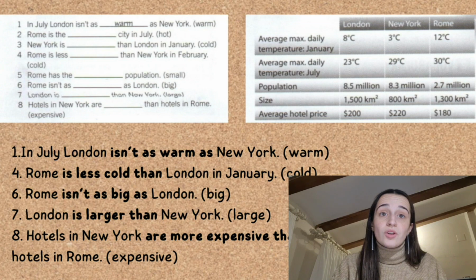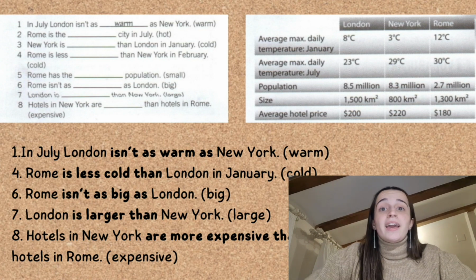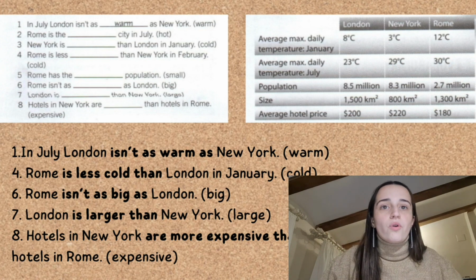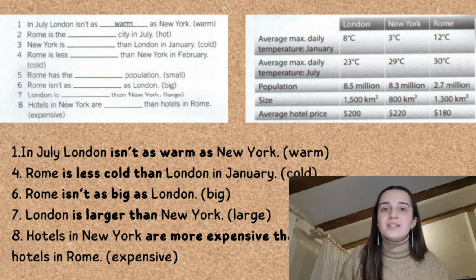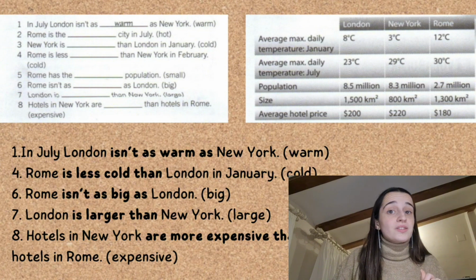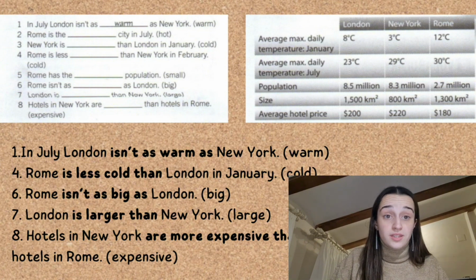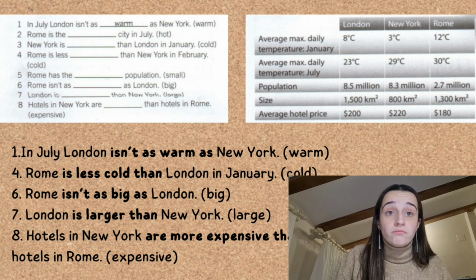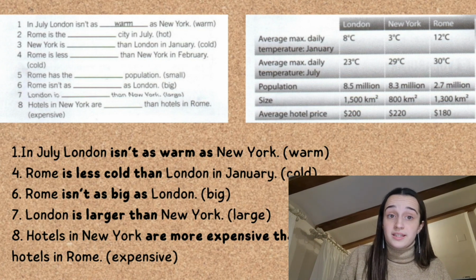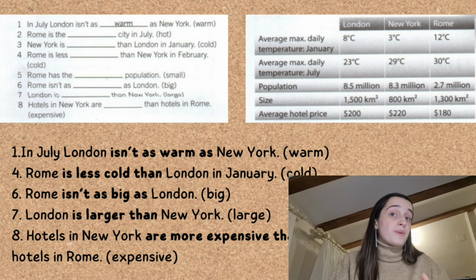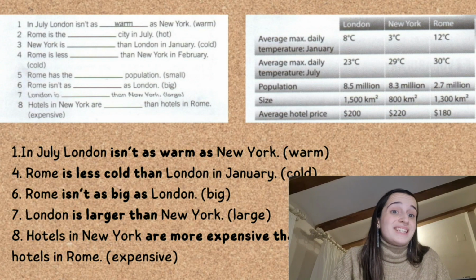So London is larger. And sentence 8, hotels in New York are more expensive than hotels in Rome. Why? Because the average hotel price of New York is 2020 and in Rome 1080. So New York is more expensive, so hotels are more expensive than.